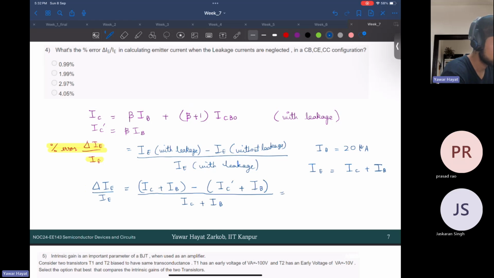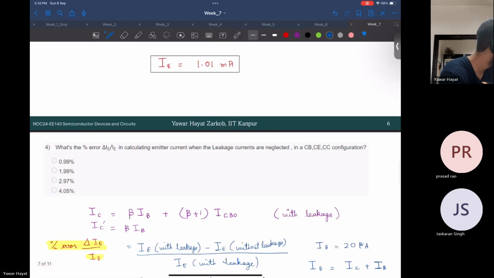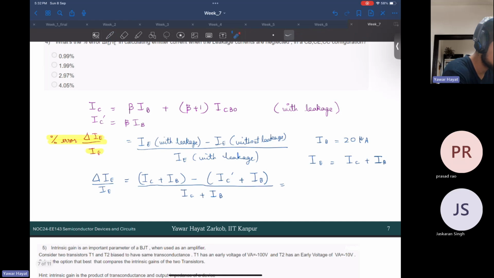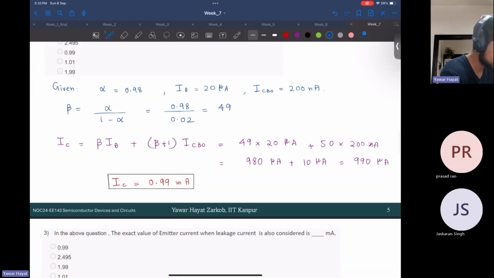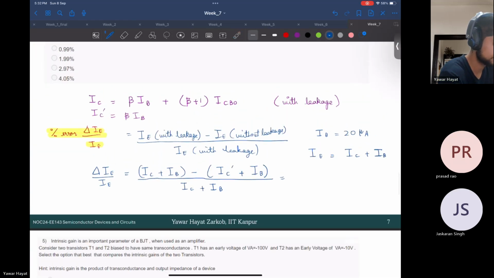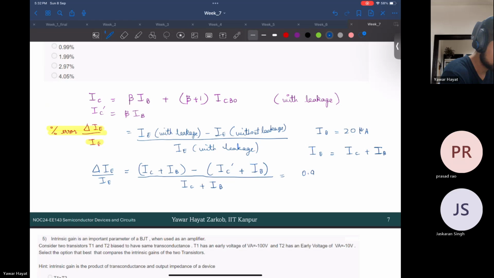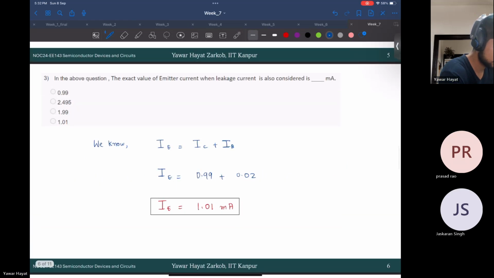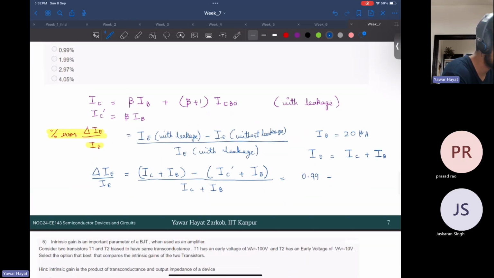And what is IC plus IB? Now this IB and IB goes. We are left with IC minus IC dash. IC was equal to this one, 0.99. And what about this IC dash? Your IC dash would be simply beta times IB.